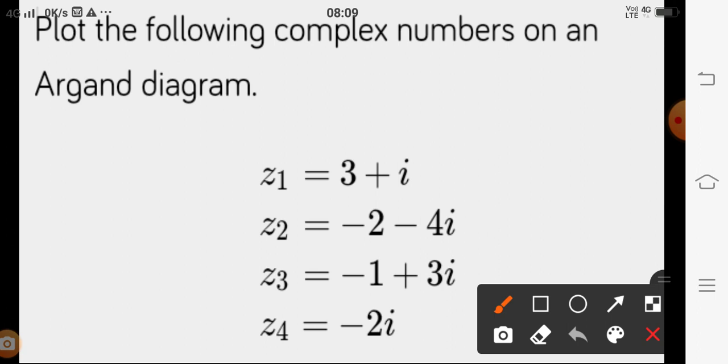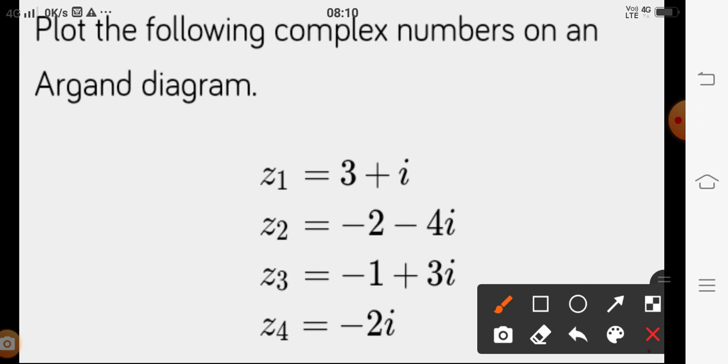For the first one, the real part is positive and the imaginary part is positive, and in the first quadrant we get the values of x and y positive. The same concept we have to use. For Z2, both the real and imaginary parts are negative. It means we get this value in the third quadrant, where x and y both are negative.